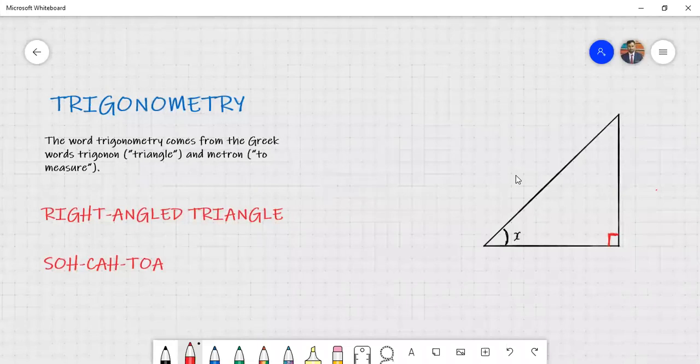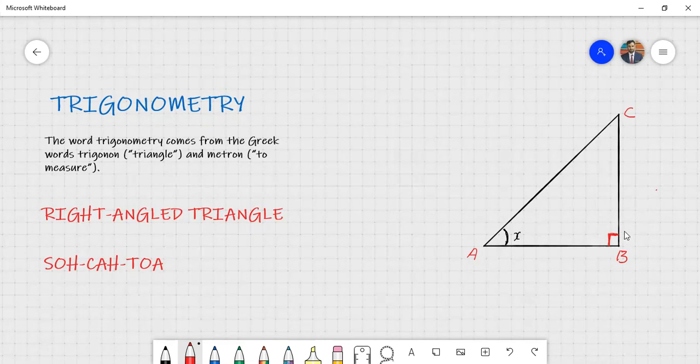I'm writing here A, B, C. Now this AC is a side, AB is also a side, and CB is also a side of this triangle. So ABC is a triangle and its sides are AC, AB, and CB.